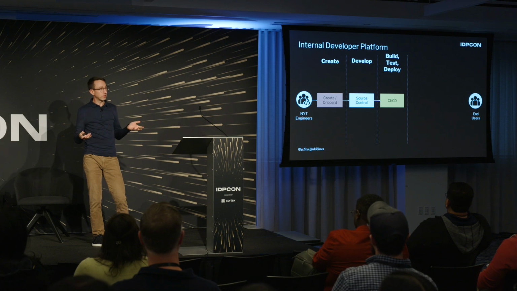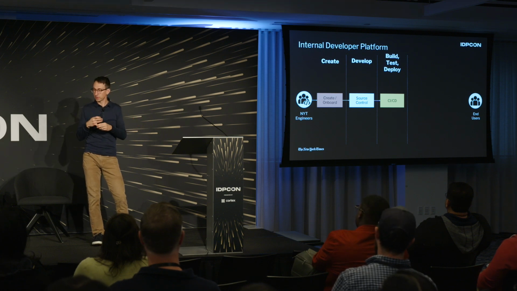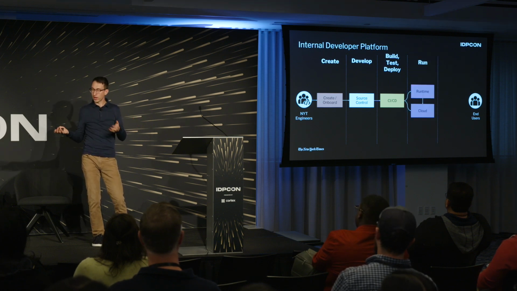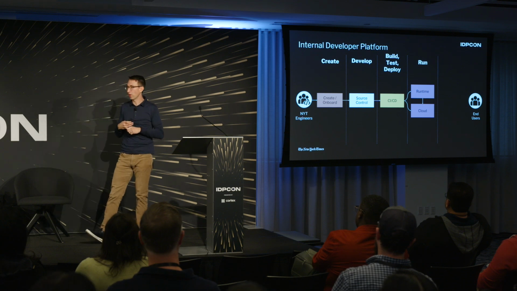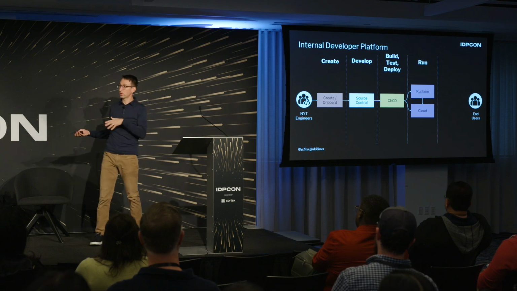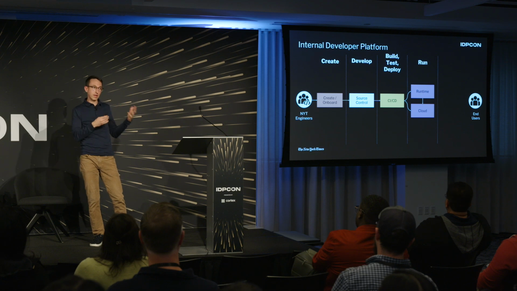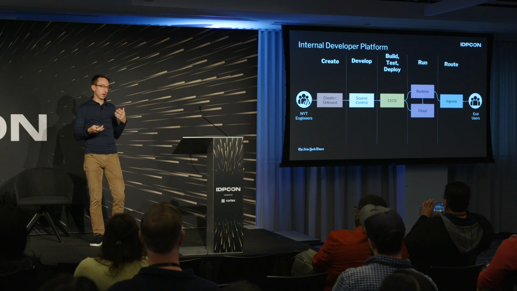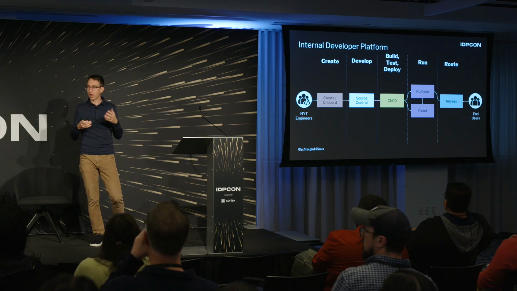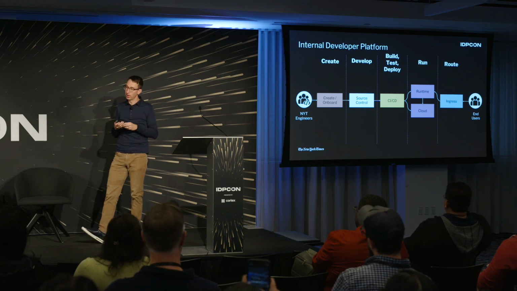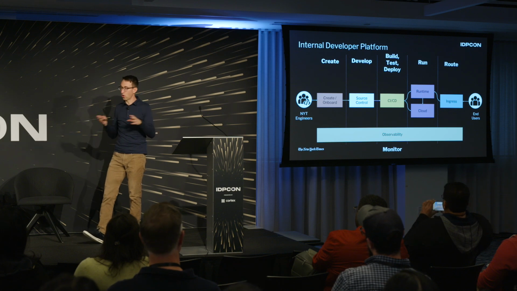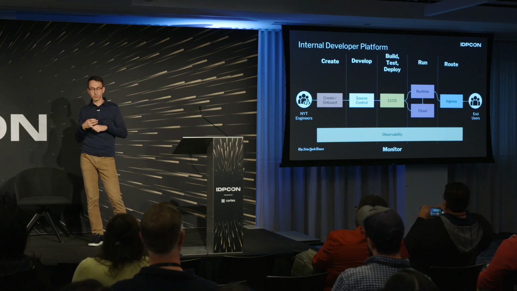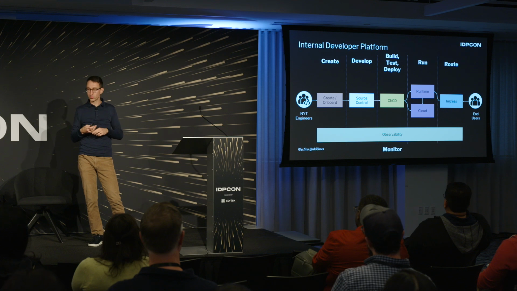You have a set of CI/CD tooling that deals with build, test, and deploy. You have a runtime, which I mentioned in our case is Kubernetes, and then you have some cloud provider that either hosts that runtime, but also may host things like databases and other managed services. And then lastly on the end is some type of ingress layer dealing with traffic routing, WAF, DDoS, all that stuff I mentioned, caching. And on the bottom, underlying all of this is some observability framework dealing with metrics and traces and monitoring, collecting it, visualizing it, building dashboards, all of that.